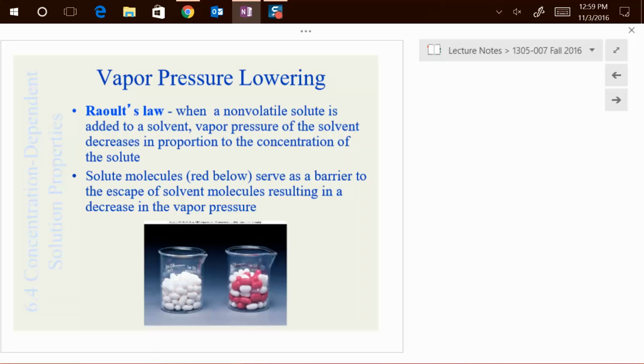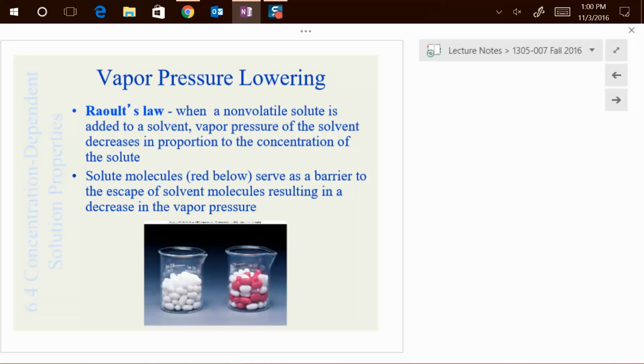So why would it decrease? Let's say the vapor pressure above it was 0.18 atmospheres, and you changed it to be 0.5 atmospheres. You lowered the vapor pressure that was required.